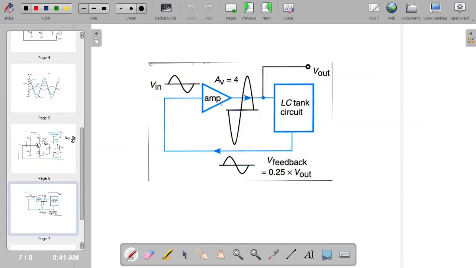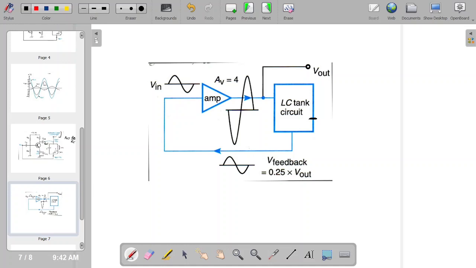Okay, so here this is like a schematic view of the whole thing. So you have the LC tank circuit. So this is the V-bot. It's called the feedback, positive feedback. So this is 0.25 of V-out, because we have that 80-20% split here. So this is the tap. So it's 80-20, so that's why you have a 0.25 here, a quarter.